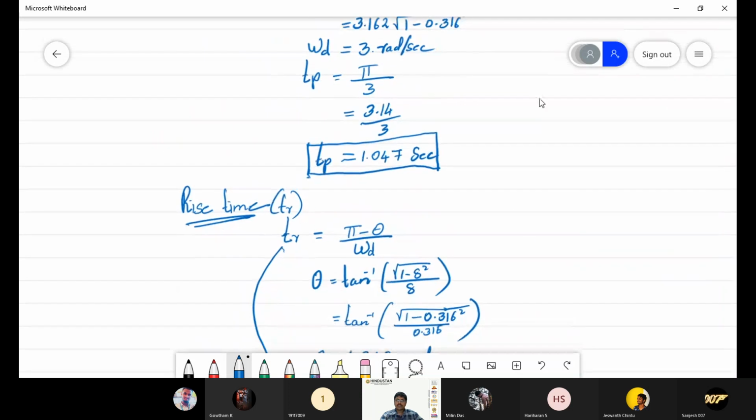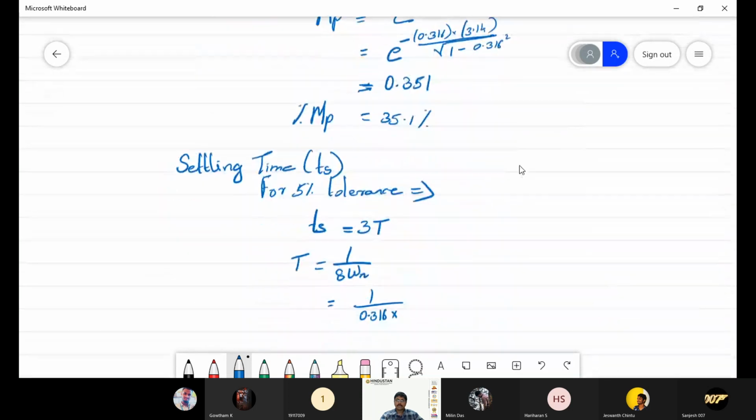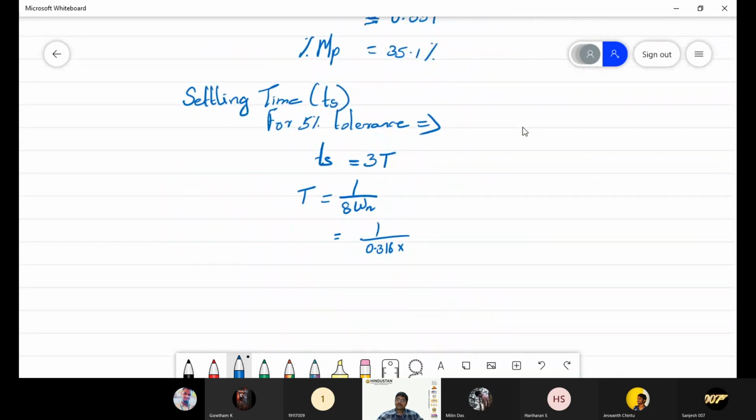We can substitute that value 3.162 here. Therefore, 1 divided by this value, please tell me what you are getting.